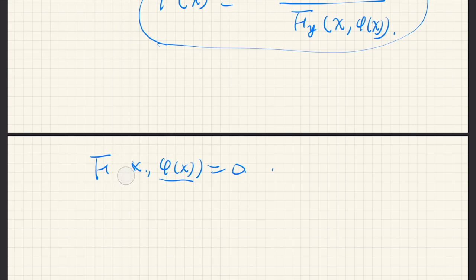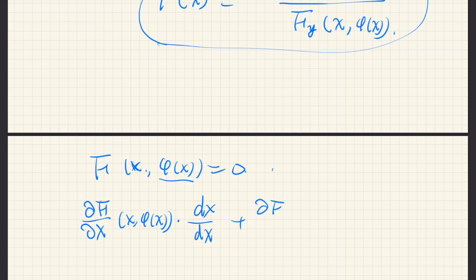So if we apply the chain rule, then we have a partial derivative with respect to x evaluated at this point times dx plus the partial derivative with respect to y evaluated at this point, and d phi dx equals to 0.